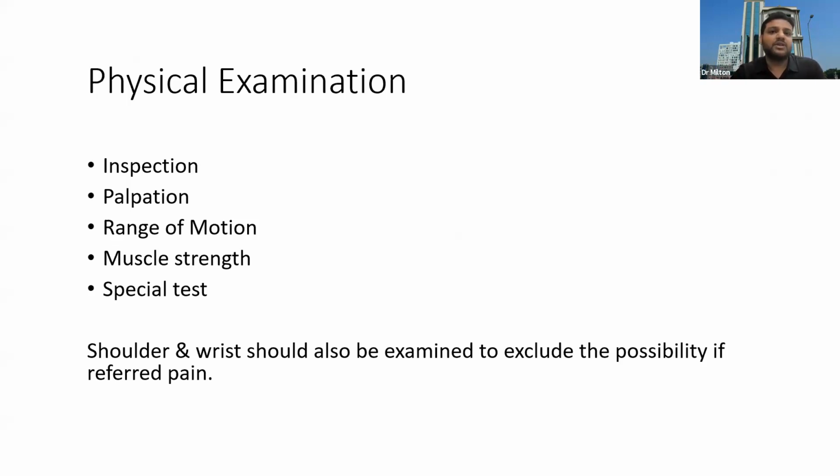Otherwise you cannot fulfill your exam, because many of the time there is referred pain, radicular pain, or entrapment, so the proximal part is entrapped, but the distal part is presenting the symptoms. So you need to examine both the proximal as well as the distal joint.